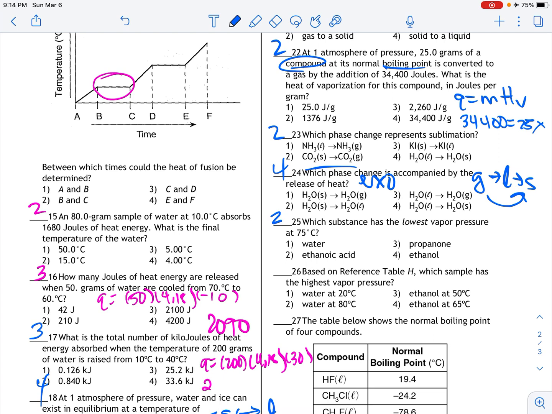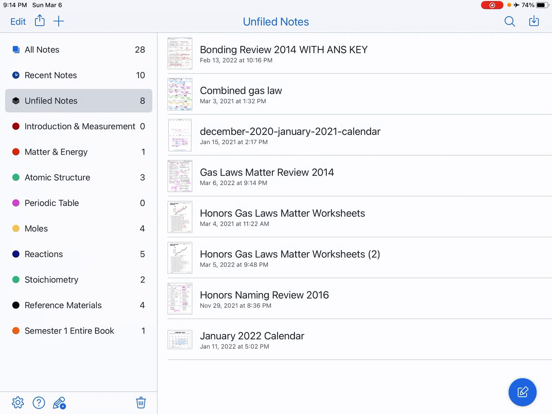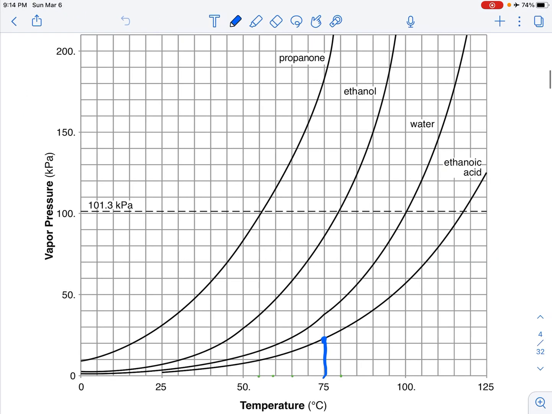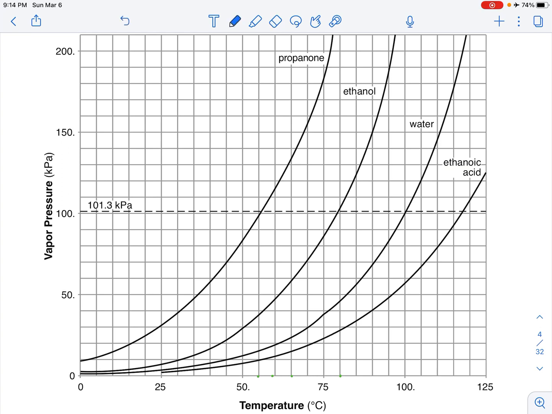Based on table H, which sample has the highest vapor pressure? So water at 20, 80, ethanol at 50, or 65. Okay, so back to table H. So it says water at 20. So water is this third curve, water at 20. The x-axis goes by 5 degrees. So this is water.